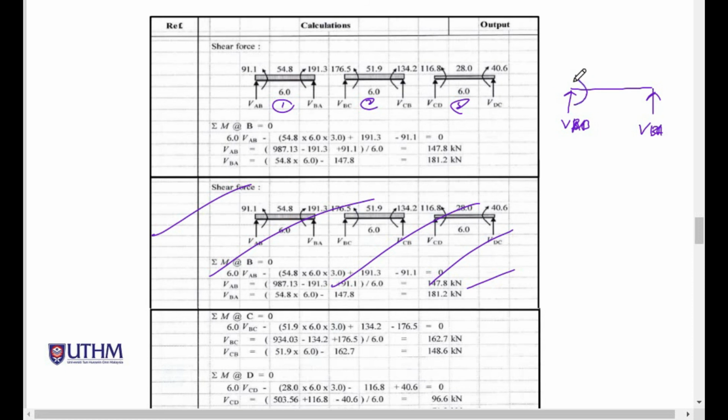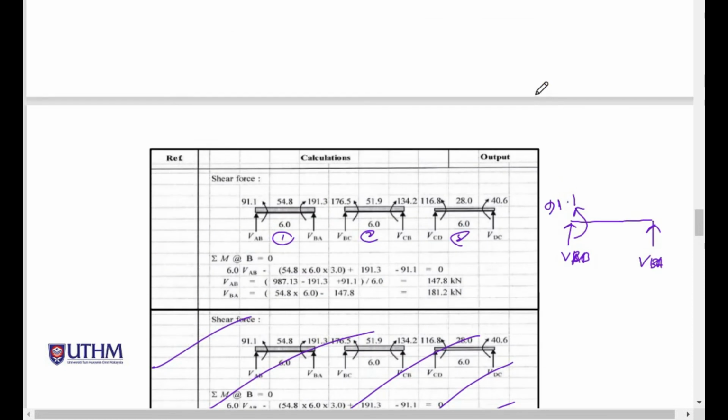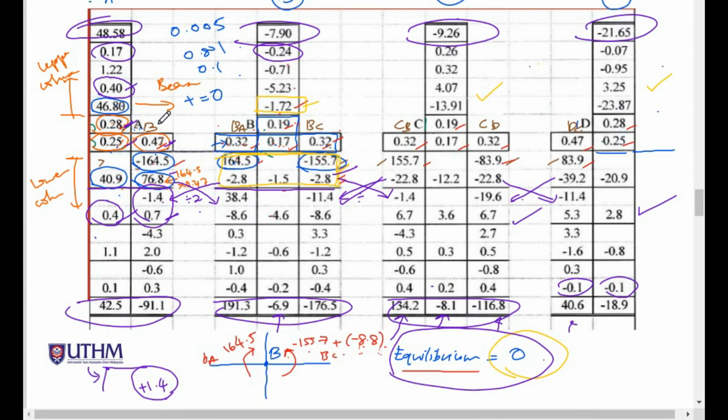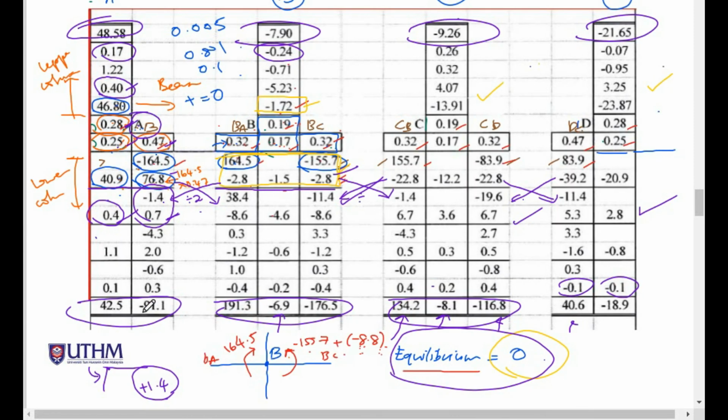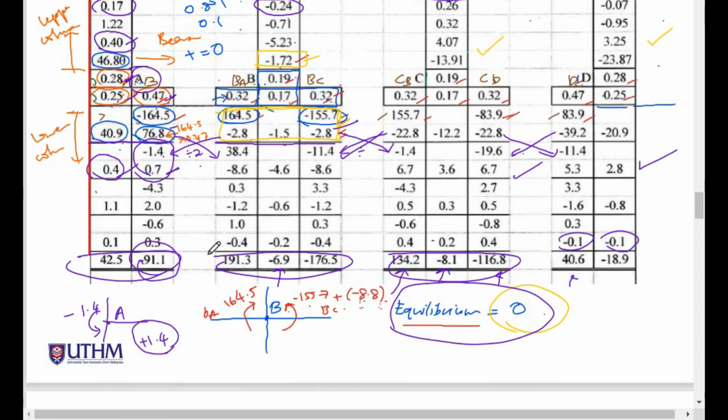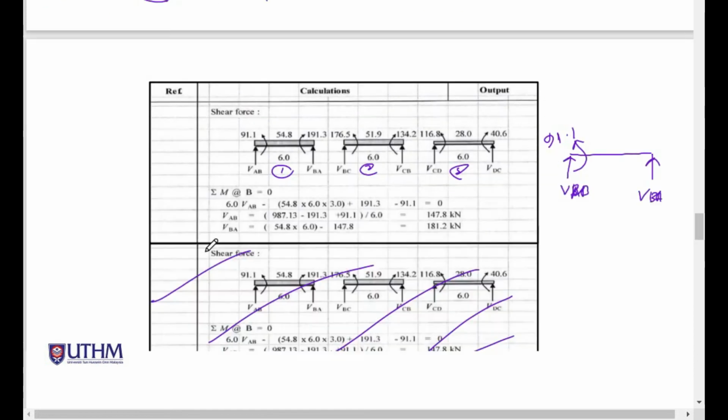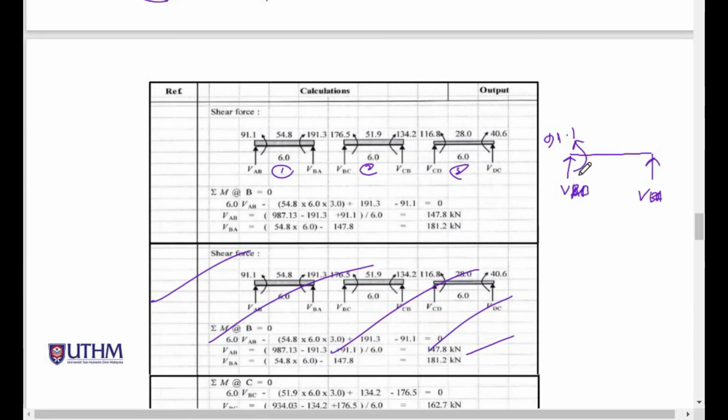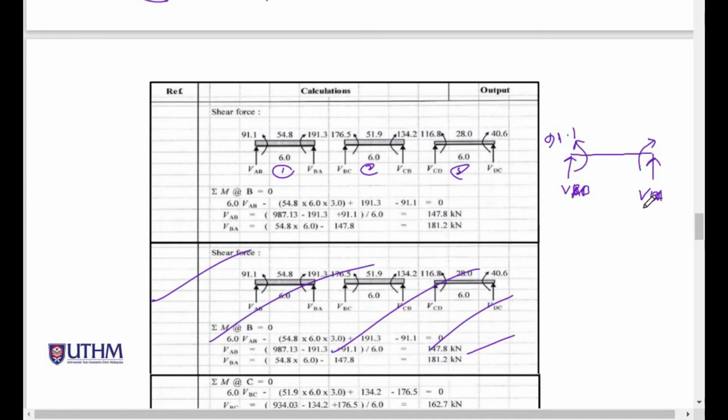So the moment here is 91.1. Okay, VAB, this is AB, 91.1 negative. Negative is important because when you know that it is negative, thus the arrow is in this direction. Okay, and the VBA here is 191.3.